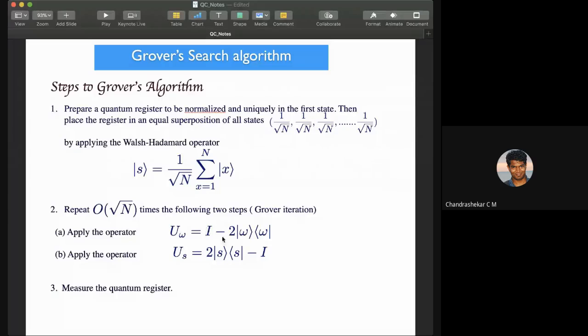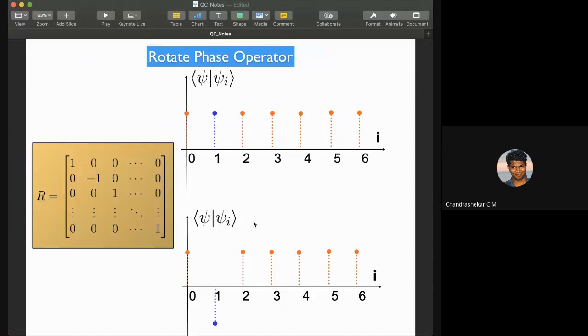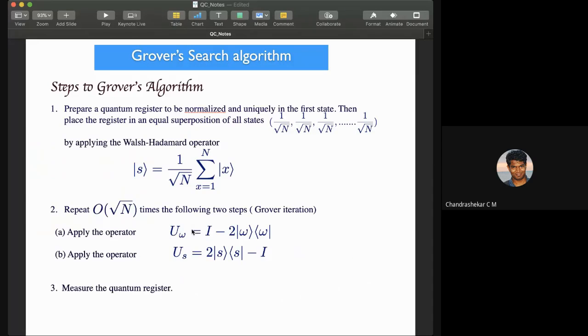If I rewrite this, you see 1 1 1 1, an identity operator, the matrix, and this will be -2 omega and omega. Which means that only for one particular marked state you are going to have a -1 sign.